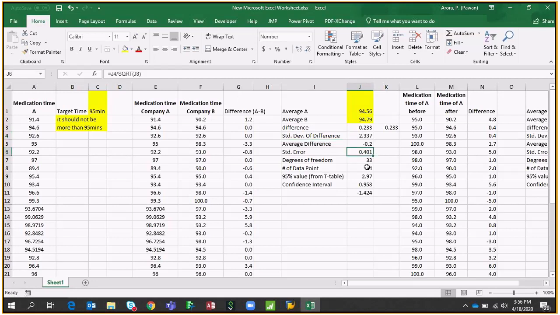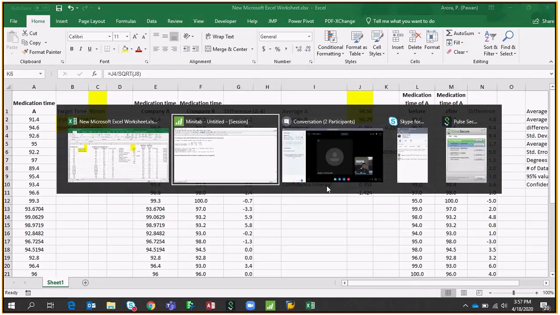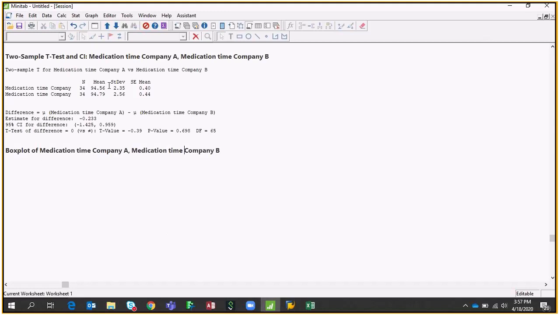Standard error is nothing but your standard deviation of the difference divided by the square root of the number of data points. You can see my other video which will tell you how exactly you can calculate the standard error. So this is your standard error of the difference, and the same standard error is already given in Minitab as well.